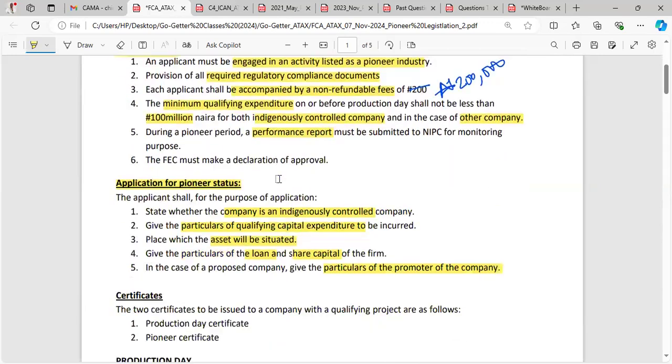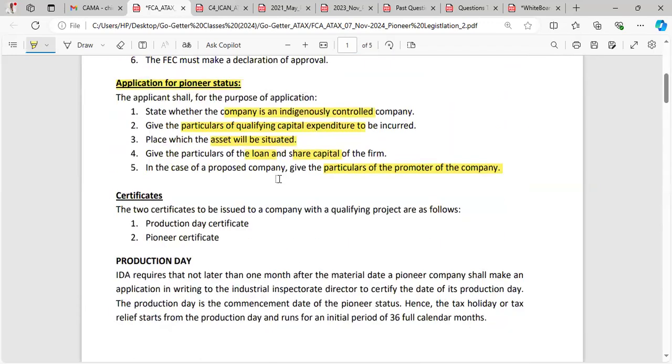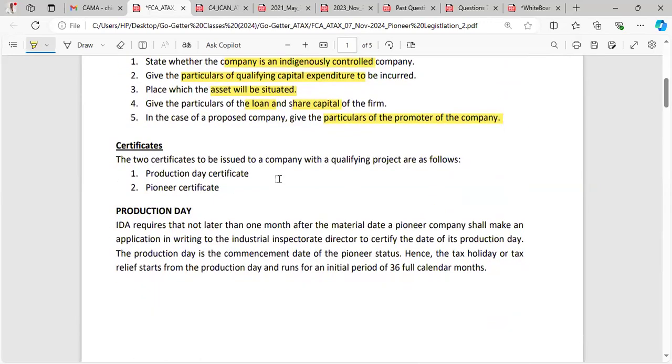So granting that tax relief to you is an incentive for you to apply for pioneer legislation. Now, you'll be given two certificates when you make an application and it is approved. The first one is called the Production Day Certificate.